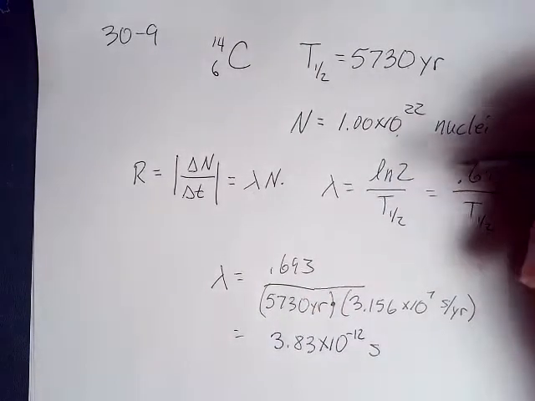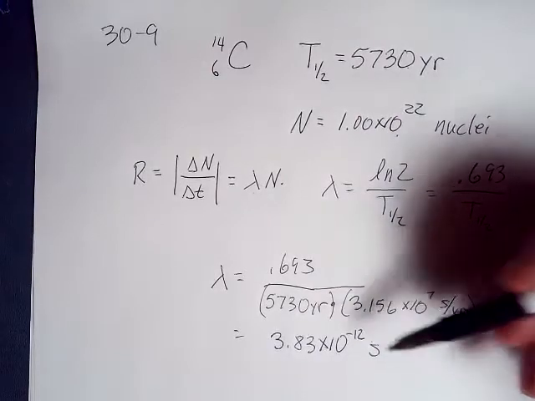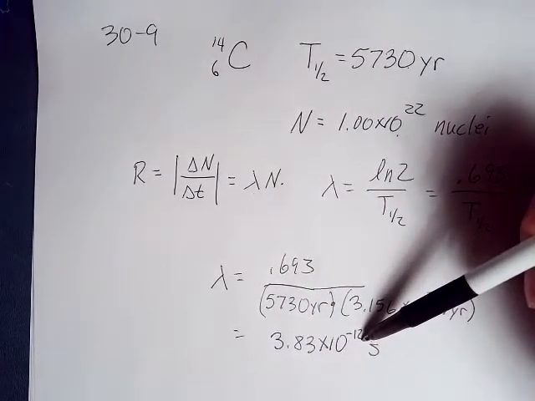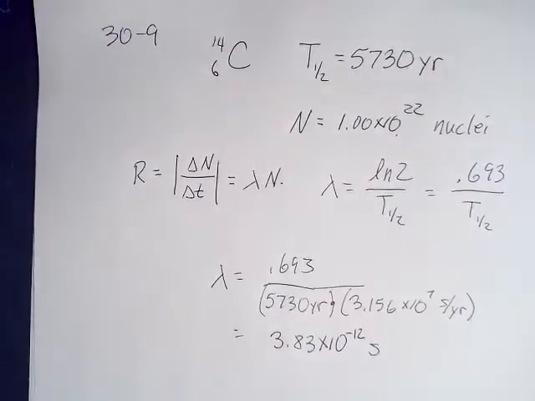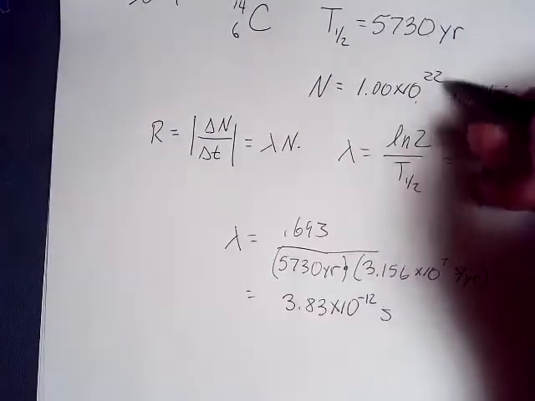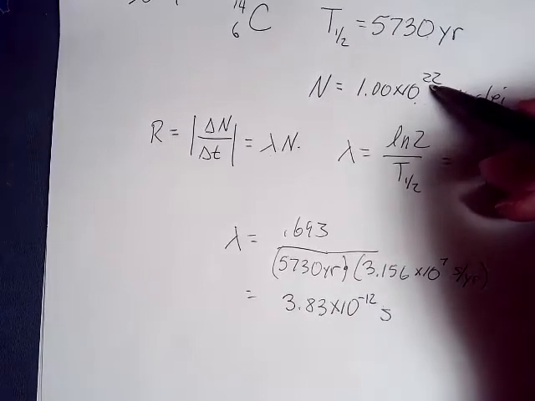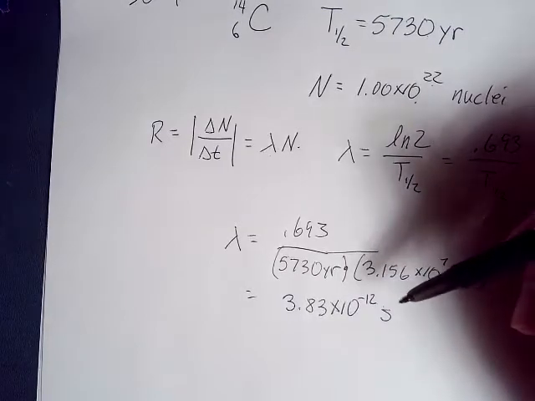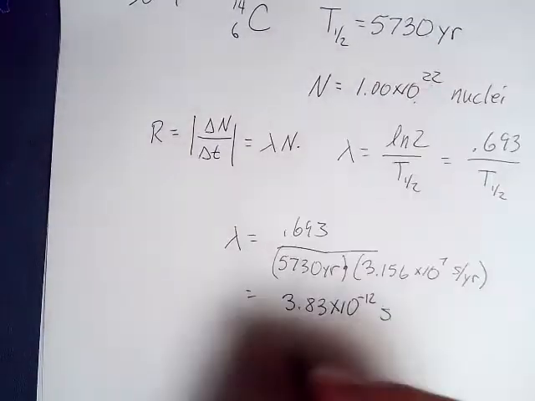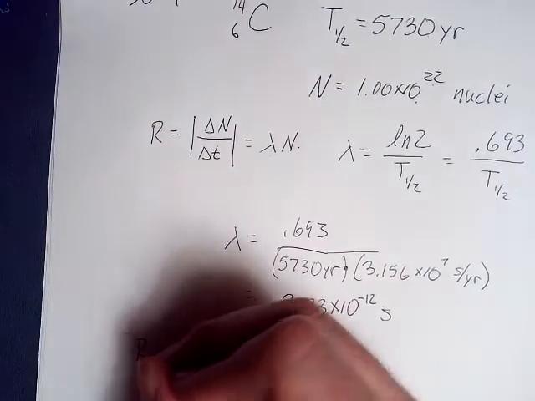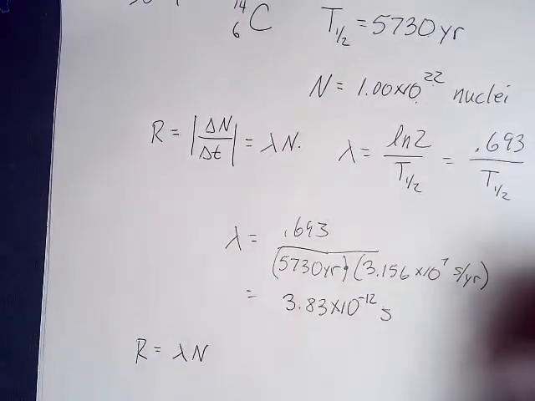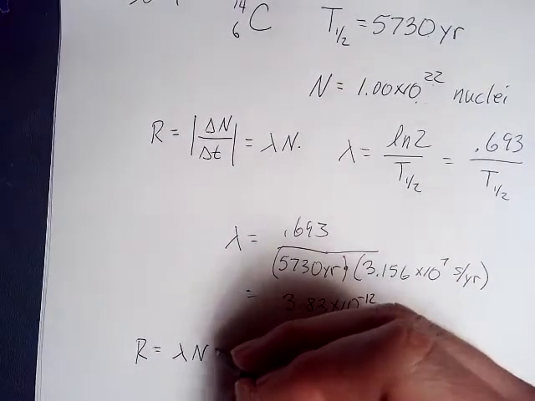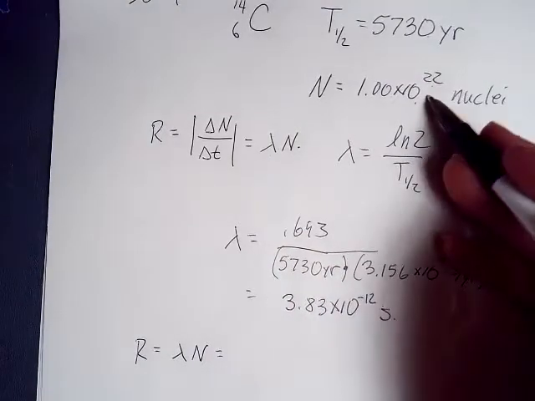Okay. Now what does that mean? That means basically the time it takes for one nuclei to decay. So it's a very short time, because we're talking about, even in that number of years to decay that many nuclei, half of them, it's 10 to the 22nd power. That's a lot of nuclei. So it's going very fast, even though it takes that long. And then R is just lambda times N. And so you just multiply lambda here times our number of nuclei.